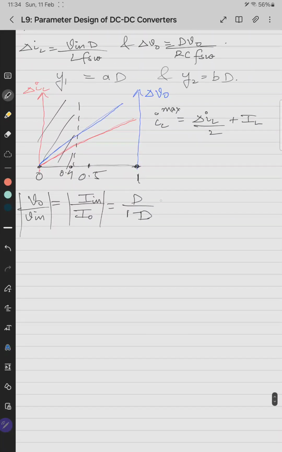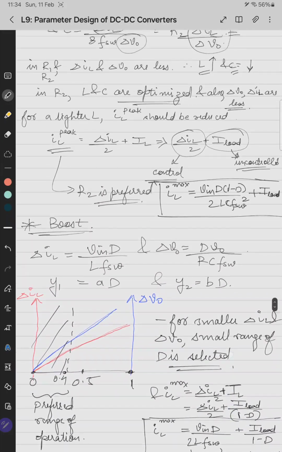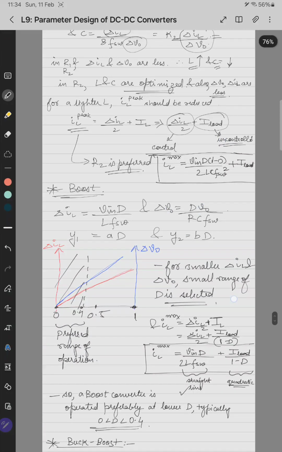No need to do this derivation, we can directly substitute here. So delta IL by 2 plus capital IL for a buck boost converter.